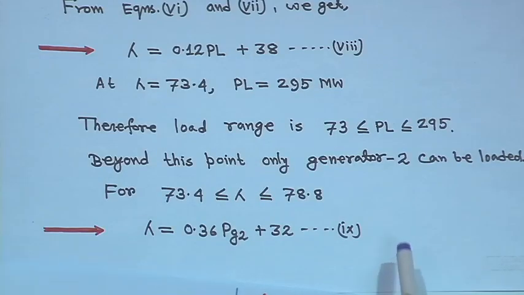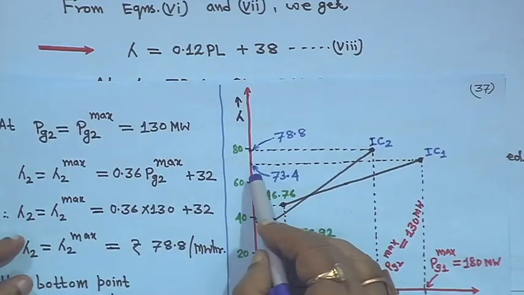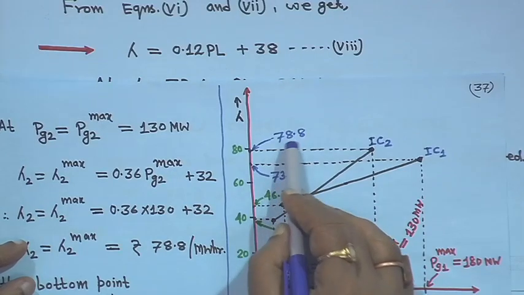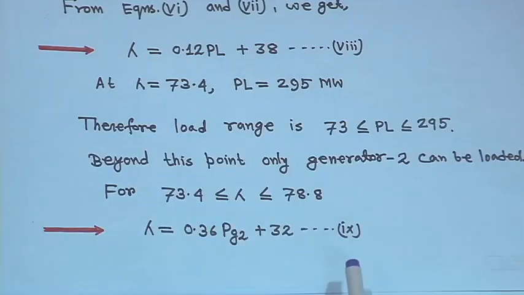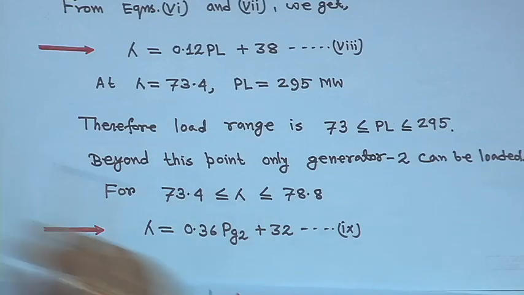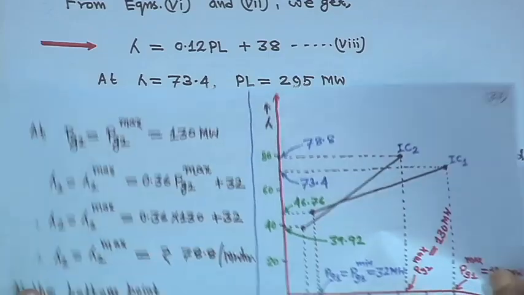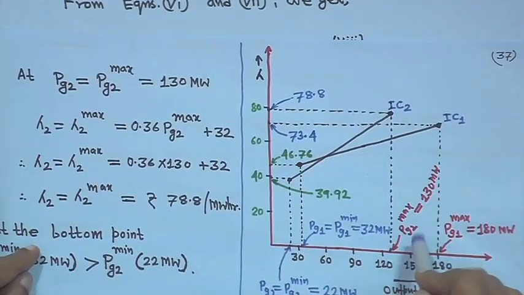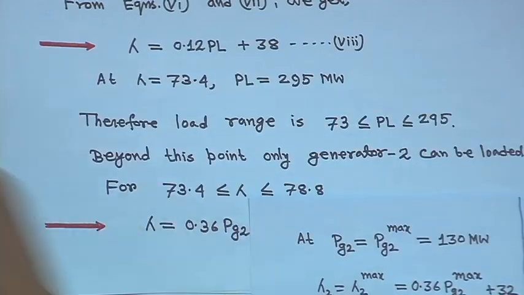That will go from lambda equal to 73.4 to 78.8. In this case, the lambda for unit 2 is 0.36 Pg2 plus 32, that is equation 9. But it reaches the limit when Pg2 maximum is 130 megawatt.